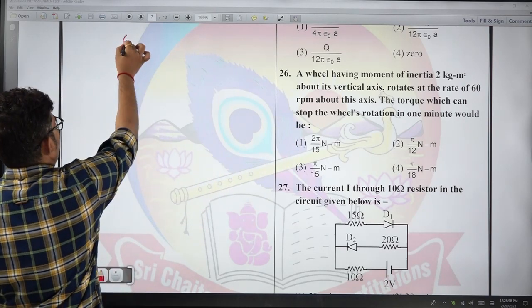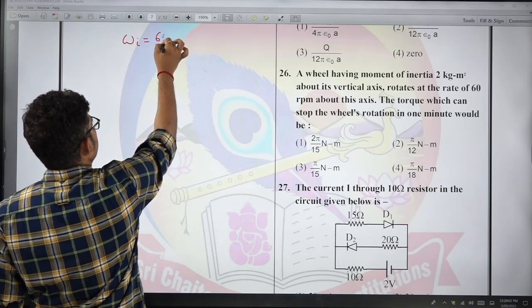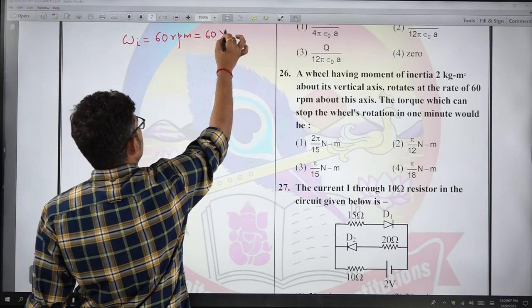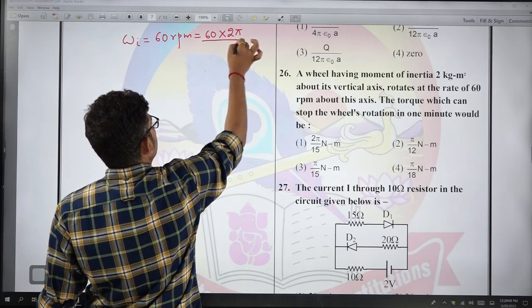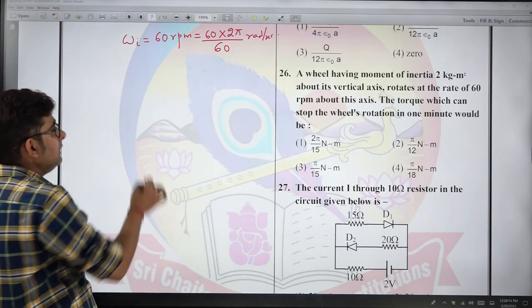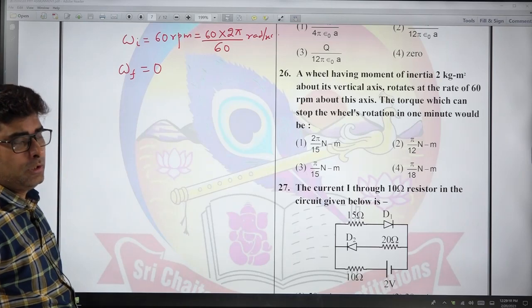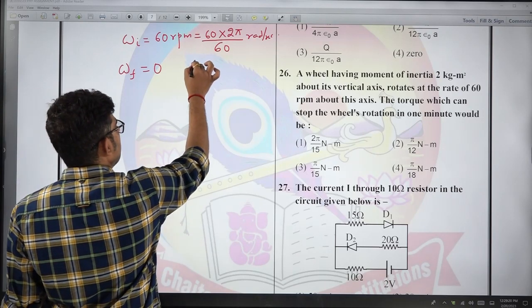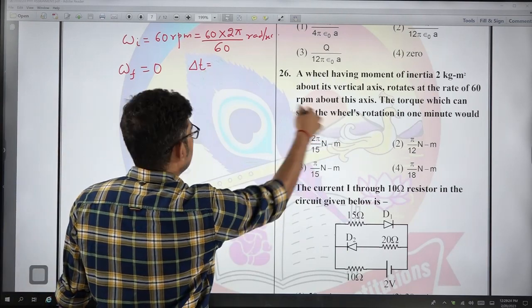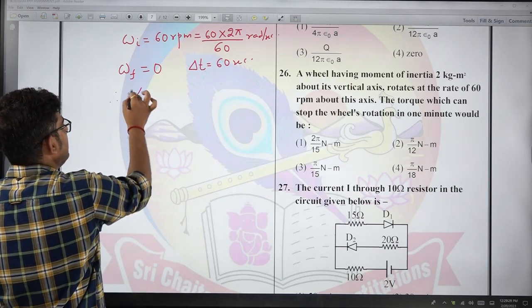Or what else we can say, since omega initial is how much? 60 rpm. Convert to SI units. 60 revolutions means 2 pi by 60 radian per second. Got it? Yes. Now omega final, it has to stop, so omega final is 0. Have we got the time? Delta t is how much? In 1 minute, 60 seconds. So we can find the angular deceleration.